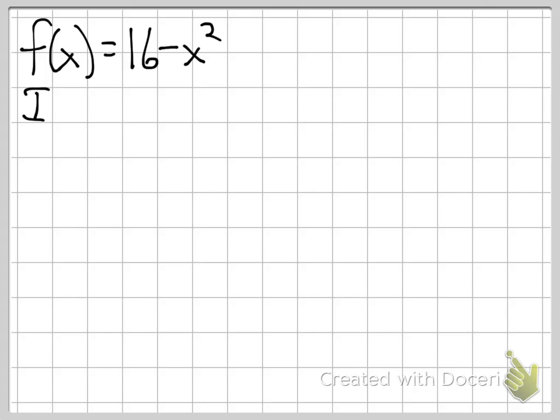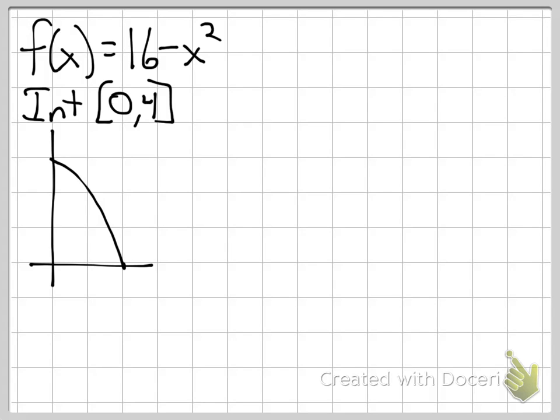So let's do another one. Let's take the function now 16 minus x squared. We'll do the same interval. And if we think of 16 minus x squared, that is a parabola going down.